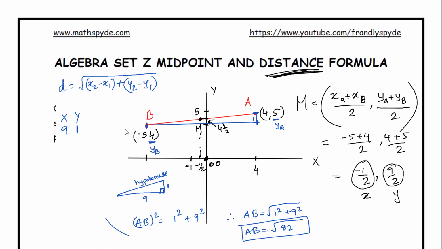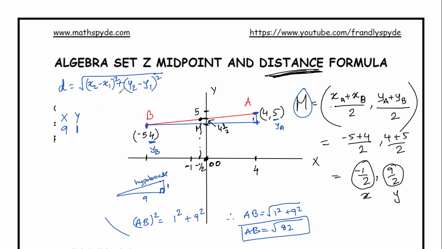The order doesn't matter because they both get squared, and then you take the square root of the whole thing. That's your distance formula and your midpoint formula, and that's what we are going to use for the remaining exercise in this worksheet.